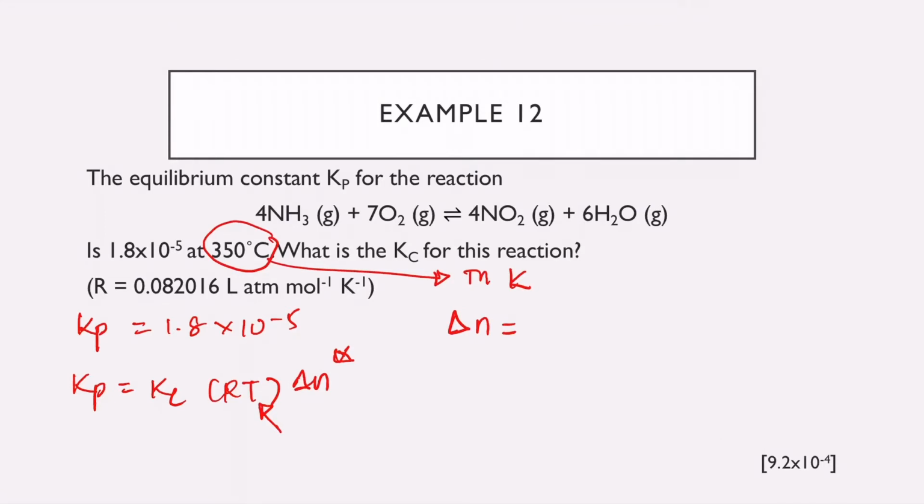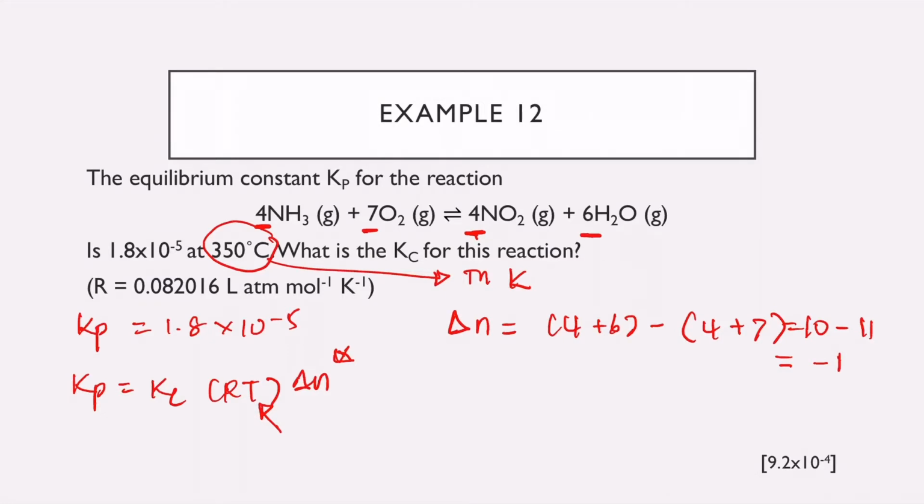So what is your Δn? So your Δn will be the number of moles of product, which is here 4 plus 6, minus 4 plus 7. How much is that? So it's 10 minus 11. That will be minus 1. Okay?